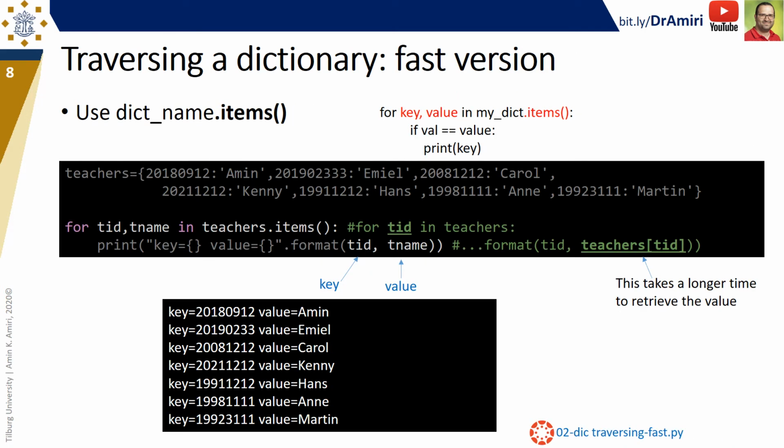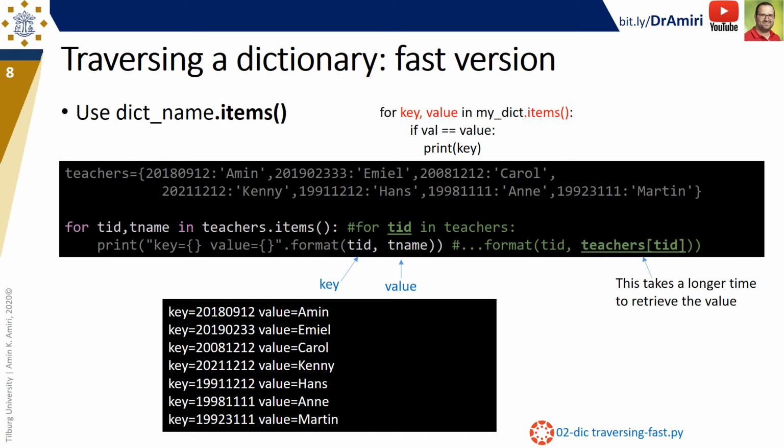However, you can also traverse a dictionary in a faster version. You need to use the method items for this dictionary. In the for clause, you need to provide two variable names, key and value, which are separated by a comma.